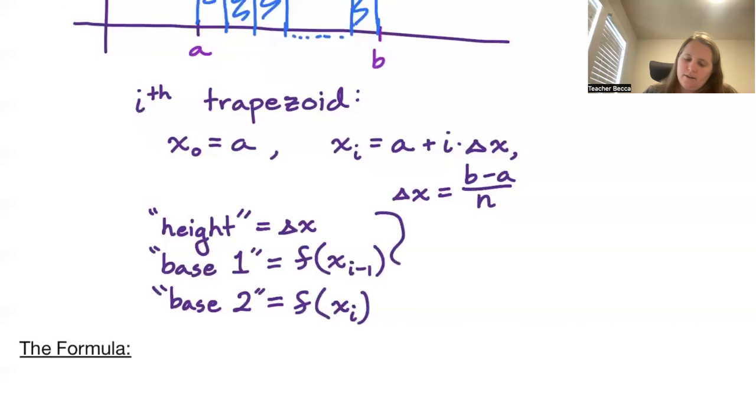Putting these all together, we get that the area of trapezoid I should be the height over 2. So delta x divided by 2 times the two bases. So times f of x sub I minus 1 plus f of x sub I.